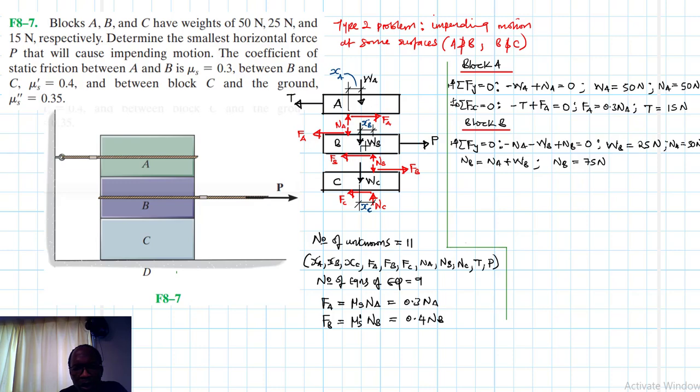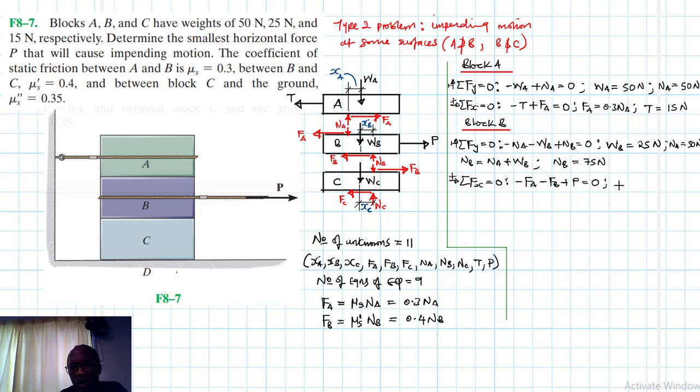So in the Y we have WB, NA, and then NB. Great. So let's go to summation of forces in the X equal to 0, going in this direction being our positive. We have minus FA minus FB plus P equal to 0.